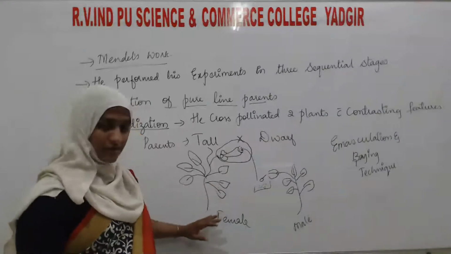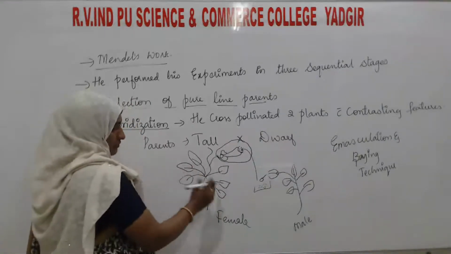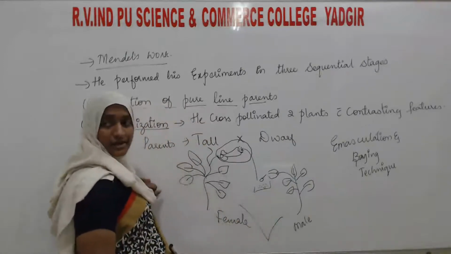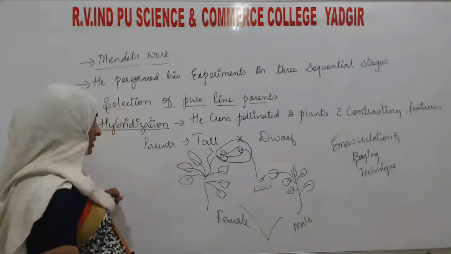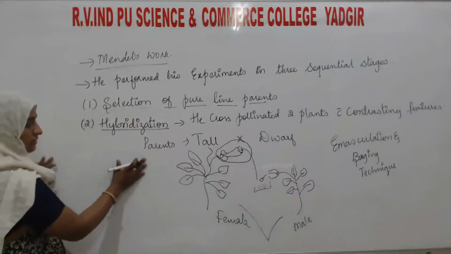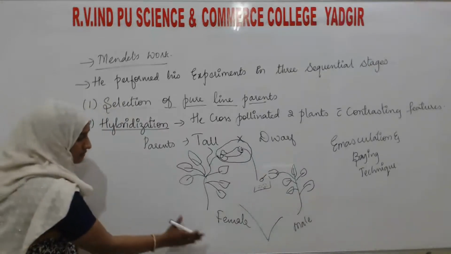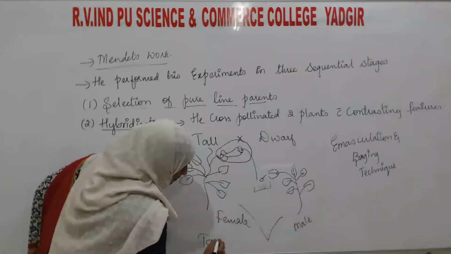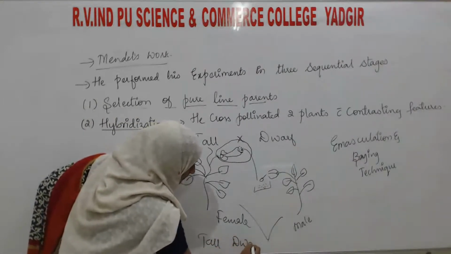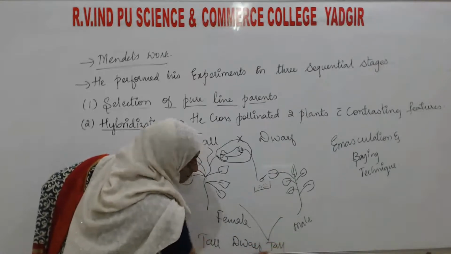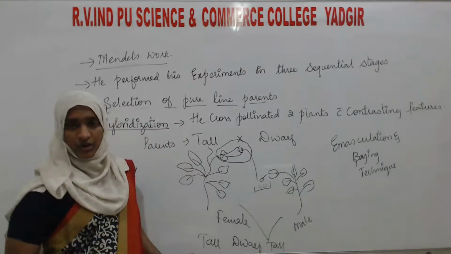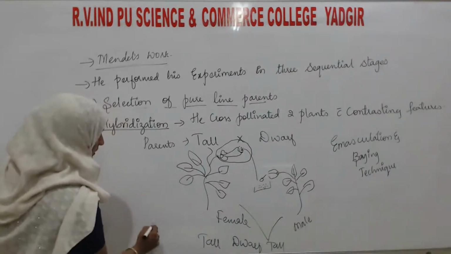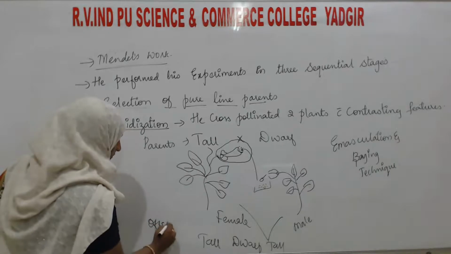After this crossing, whatever next generation they get, see, these are the parents, and these are the offspring. For example, some are tall, some are dwarf. Offspring means their children.